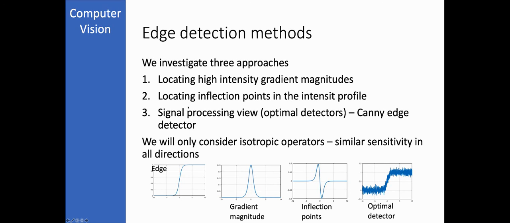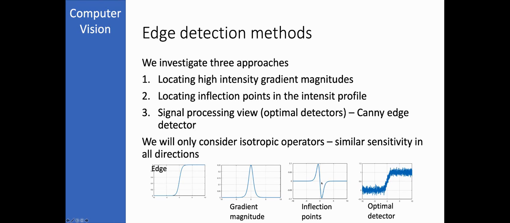The second one is locating inflection points in the intensity profile. If I have the edge profile like this, you can imagine that the first derivative achieves a maximum at the edge, so the second derivative should achieve a zero at the edge. The second derivative, or the inflection point, we should be able to detect by just looking at the zero crossings of the second derivative operator. So that's another way of finding edges.